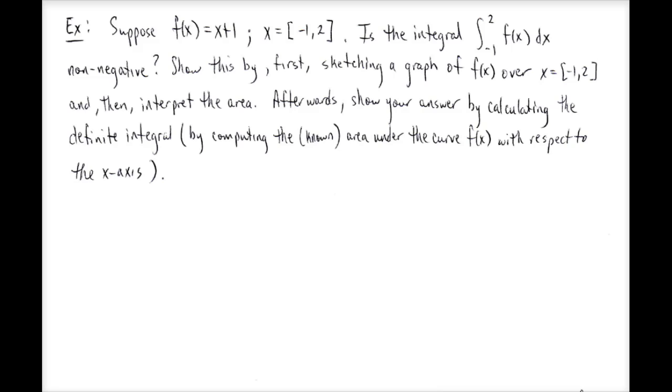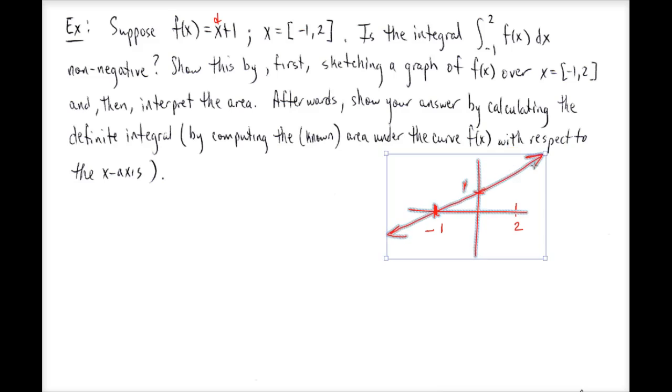So first thing that we want to do is just sketch a graph of what x plus 1 looks like. And of course, it's a line that has a y-intercept here, and it kind of looks like this. And of course, we know that the x-intercept is going to be at -1, because if you plug in -1 right here, we'll get 0. Now, on the other end, when x is equal to 2, that would map up to a corresponding y value of 3.